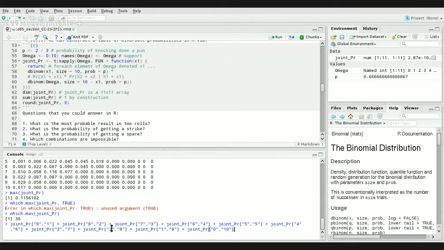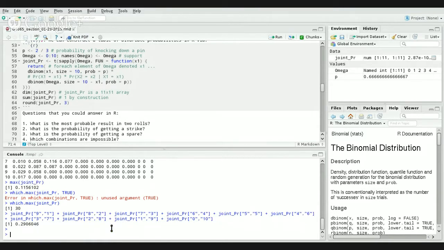So the sum of all those probabilities is the probability of getting a spare, but not a strike, and that is about 0.29.